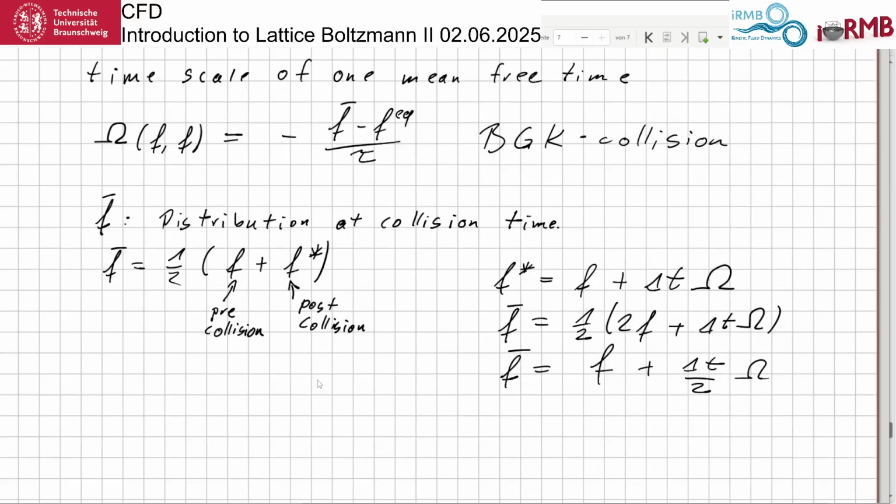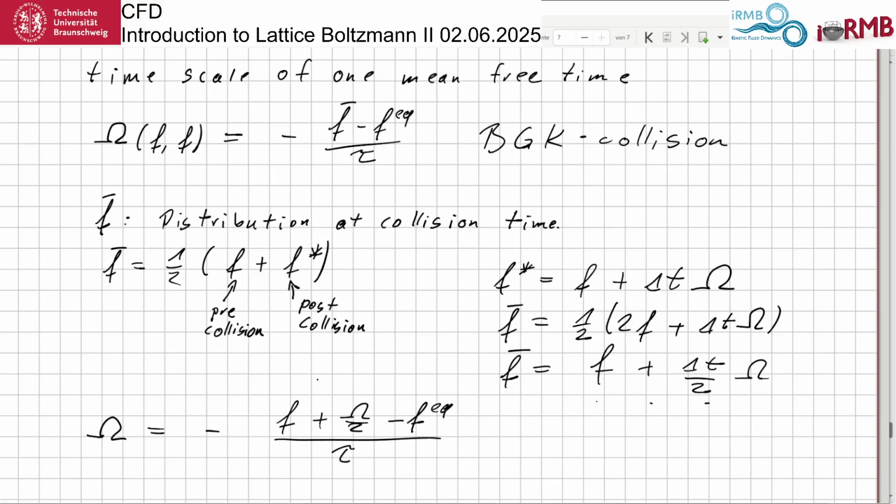So omega can then be written as, there's a minus in front, f. Because we don't have f overbar in our calculation, we have to replace this f overbar by this. So this is f before the collision plus omega 1/2 minus f equilibrium divided by tau.